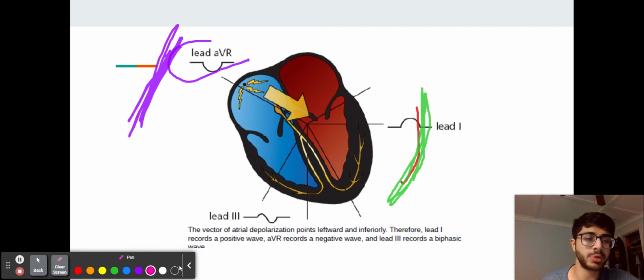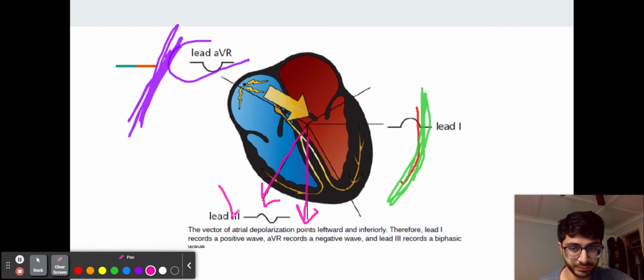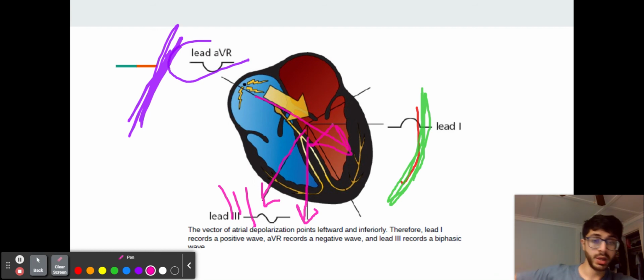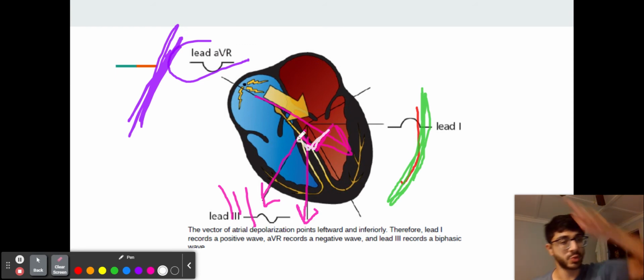And the thing I want to point out to you, which brings it all together, is look at what's going to be happening in AVF and in lead 3. In these leads, again, the current, the electricity from the sinus node, is going in this direction. These leads are set somewhat perpendicular, I will draw with white, to the mean current that's going.